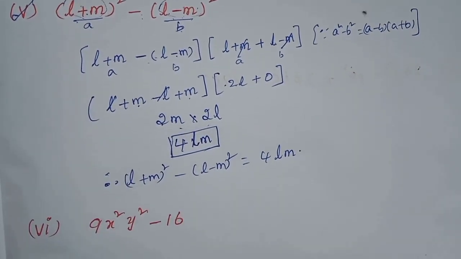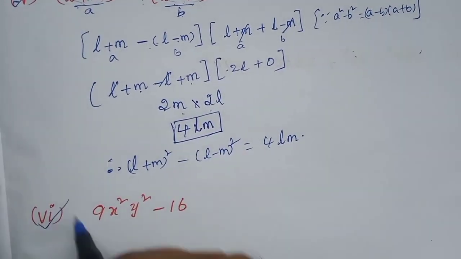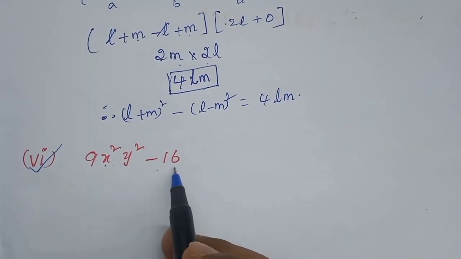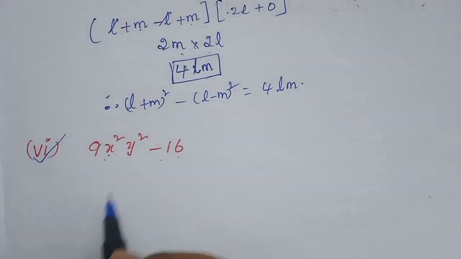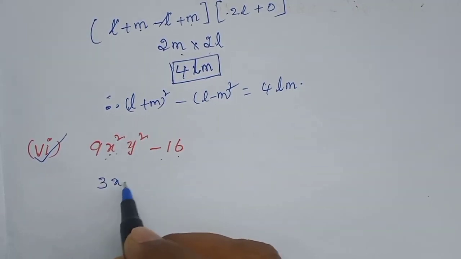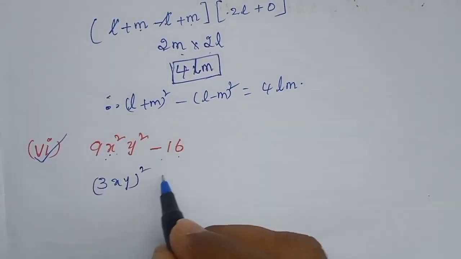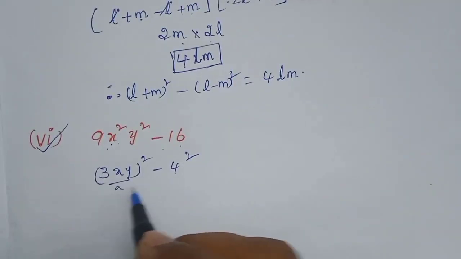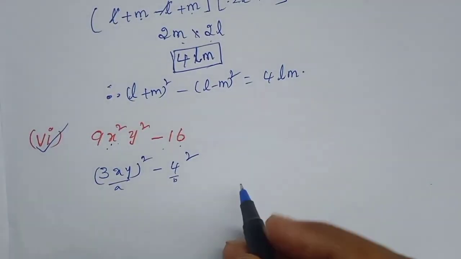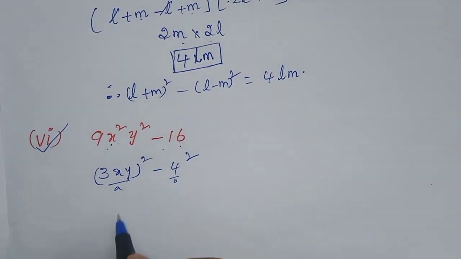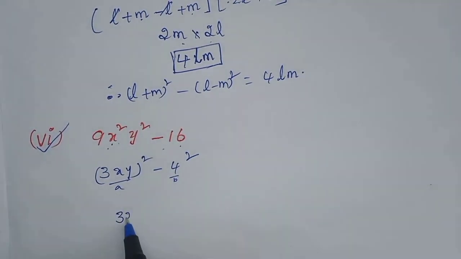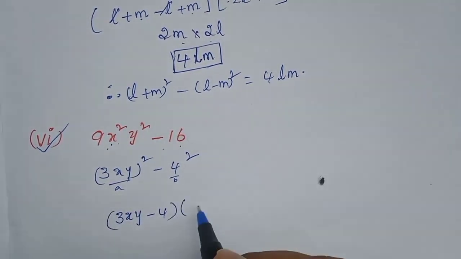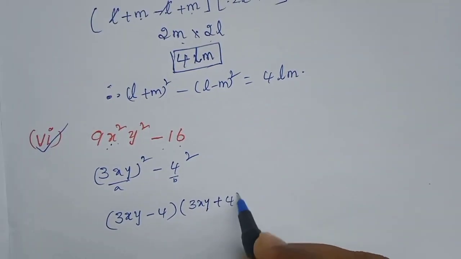Now see the question number 6. 9x square y square minus 16. So this can be written as 3xy whole square minus 16 can be written as 4 square. Now treat this as a and this as b. So because of the identity a square minus b square, a minus b, that means 3xy minus 4, into a plus b, 3xy plus 4.